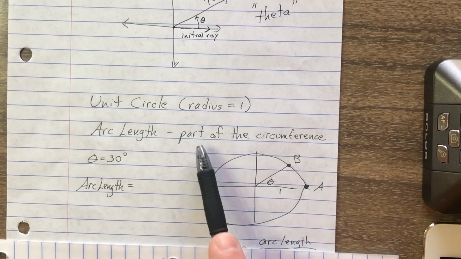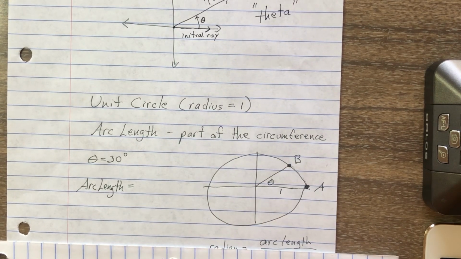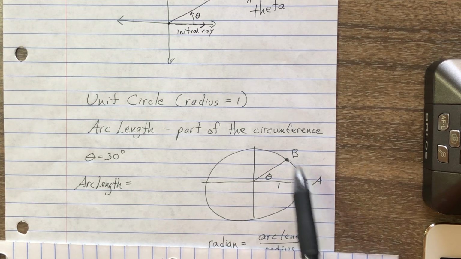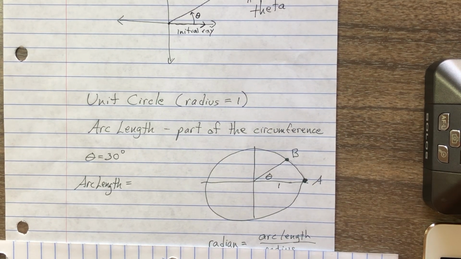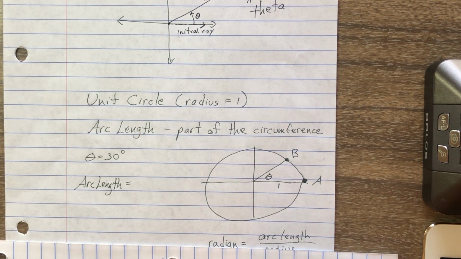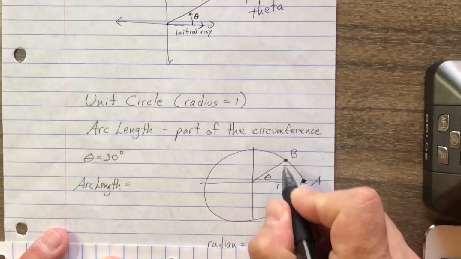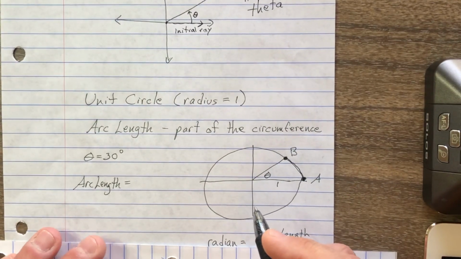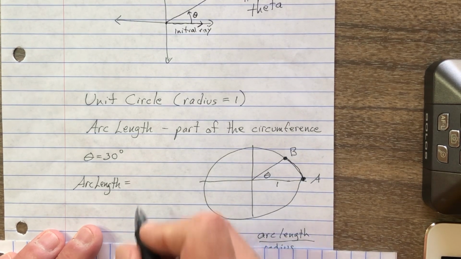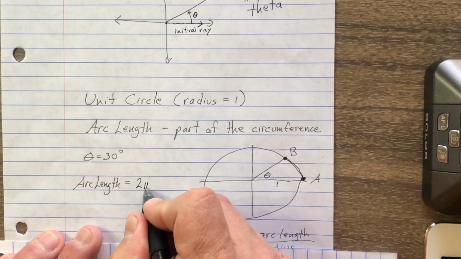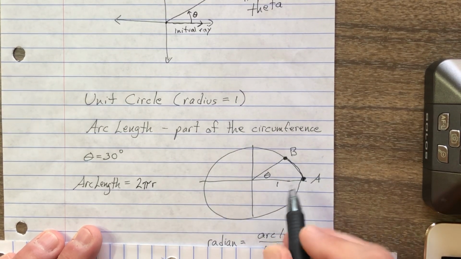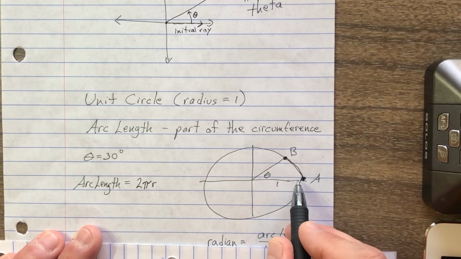Arc length is part of the circumference. You learned that the circumference of a circle is 2 times pi times the radius. Well, the arc length is the distance from point A to point B along the circle. The way you figure out arc length is you take the entire circumference, 2 pi r, and then multiply that by whatever fraction of the circle this is.